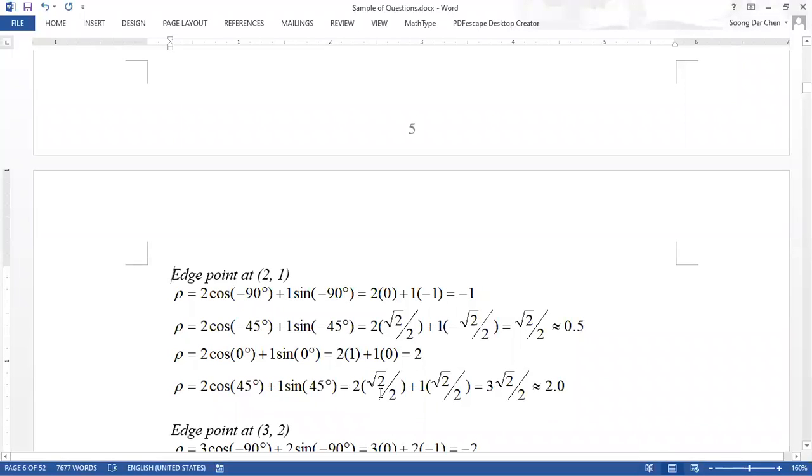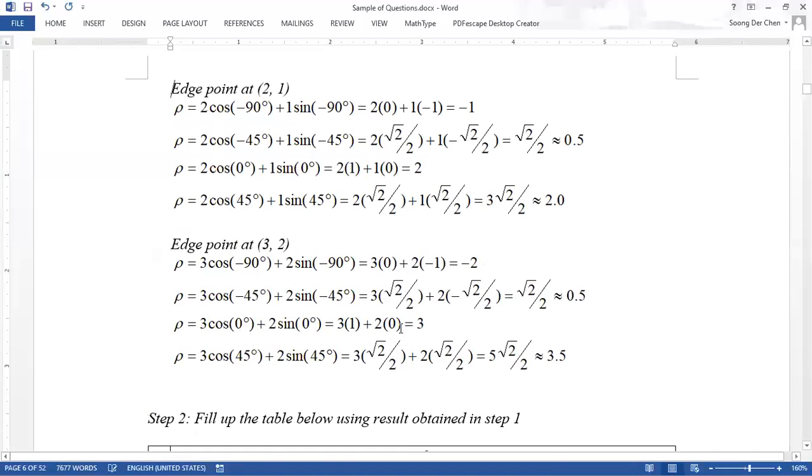This one, nothing. So look at this, 2 plus 1. So 3, isn't it? So 3 square root 2 divided by 2. So 0.7 times 3, so 2.1. So 2.1 round to 2.0. Same goes here, nothing much here. This one you can do the calculation easily.